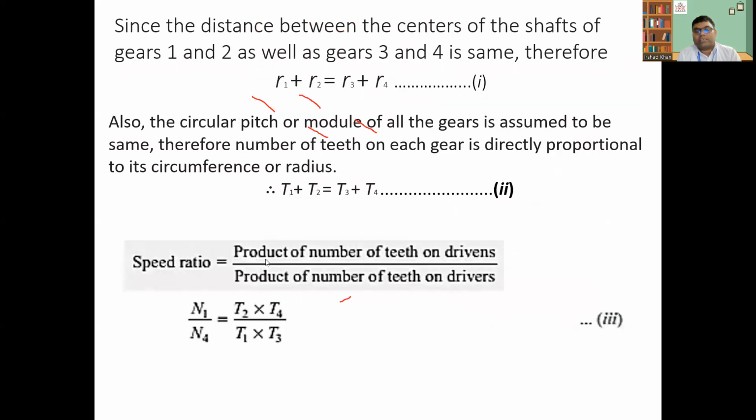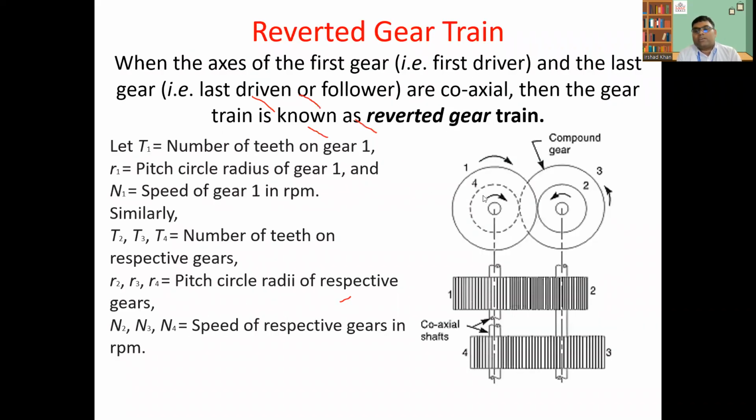So let's see next. One thing you can see here, the pitch circle radius R1 is this, and it is connected to R2. So this central distance we can write as R1 plus R2.